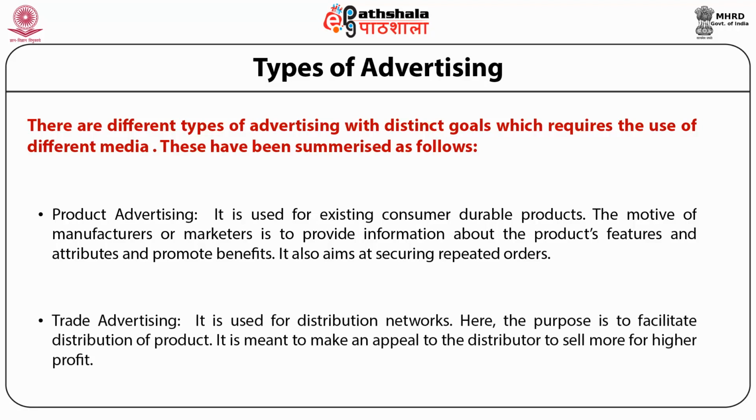Trade advertising is also one type of advertising, which is used for distribution networks. Here the purpose is to facilitate distribution of the product. It is meant to make an appeal to the distributor to sell more for higher profit.